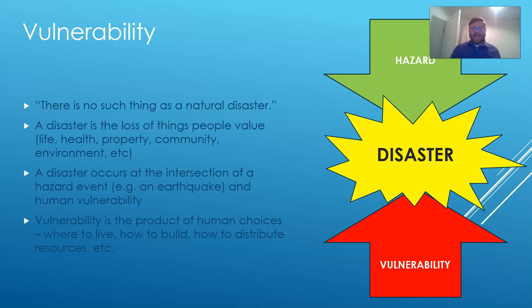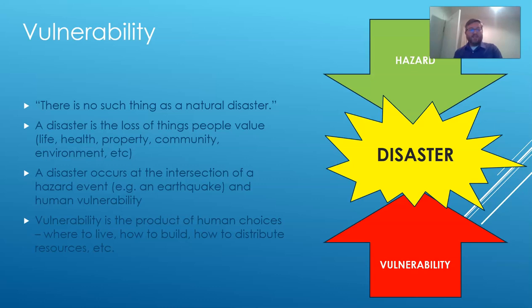So we've talked about some of the hazards that can result from volcanoes and earthquakes. But a volcano or earthquake by itself is not going to cause a disaster. In fact, those of us that work on disaster research, my own research is mostly about forest fires, but there are general principles that apply to lots of different kinds of hazards.